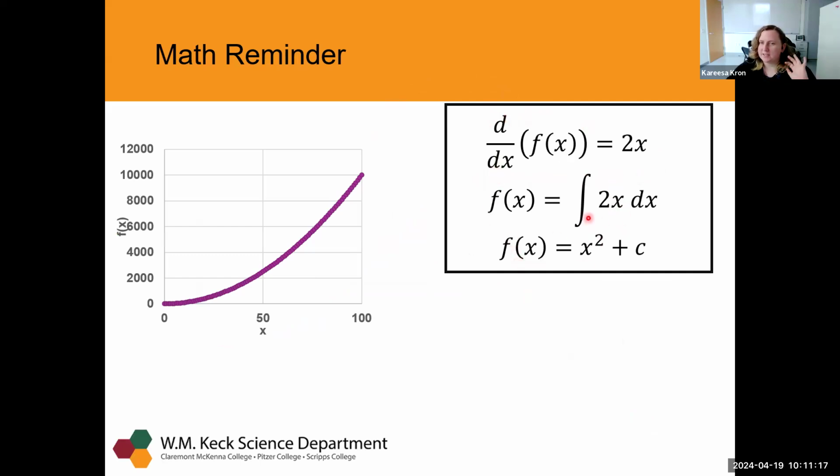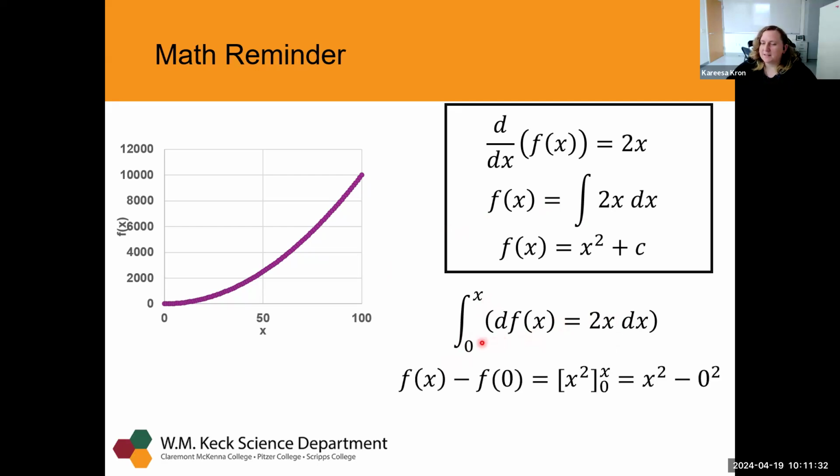And I mentioned using an indefinite integral. But we could also use a definite integral where we move from 0 to x. When you do this, you can recover a function that is the integral of these, but over some specific range. When you do a definite integral, you still integrate whatever the component is, and then you plug in f of x and f of 0.